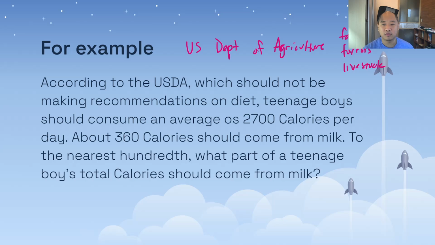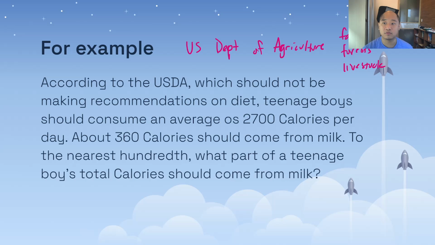And so would you want an entity that's in charge of making food to be making recommendations on what you should eat? I don't think so. For example, would you want the alcohol companies giving you a recommendation for how much alcohol you should drink every day?